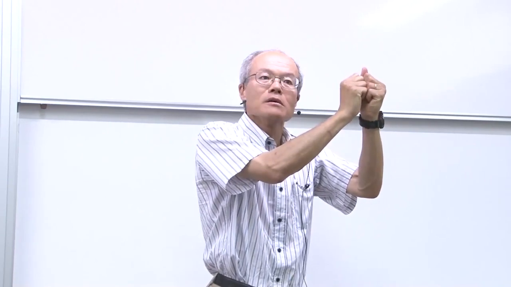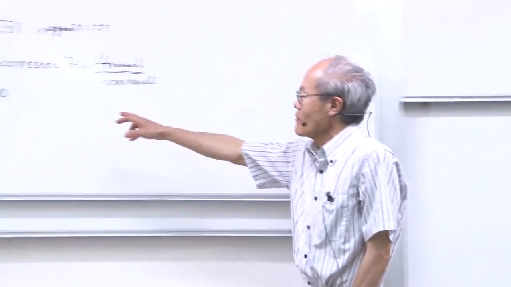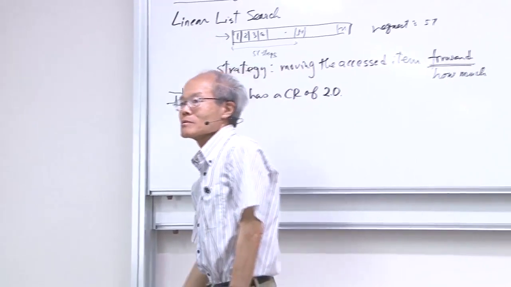If you move the accessed item to the top, then of course it's good if you get another request for this item, but it may be possible that you'll never get a request for that item once again. So it's not very obvious why this algorithm is good.